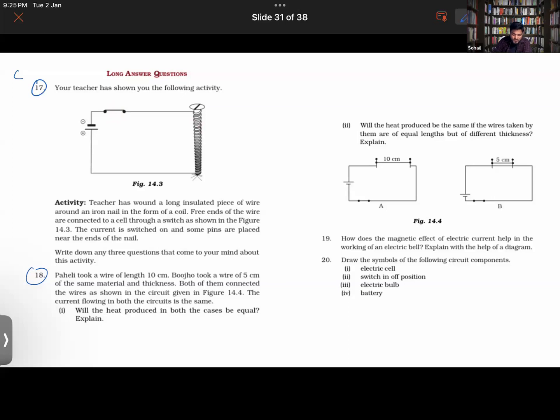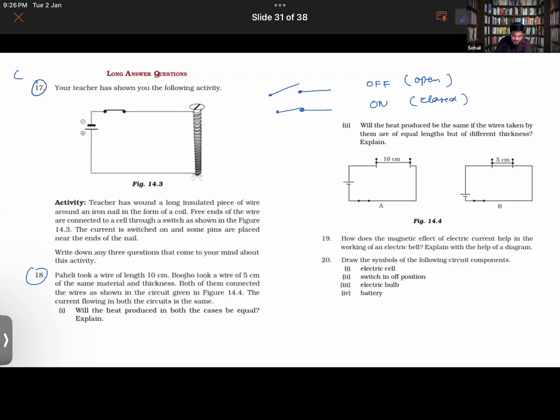Closed circuit, no? If you have a switch like this, then it is an open circuit. The switch is off, so basically the circuit is open. And this means it is on, that is a closed circuit. Yes, sir.